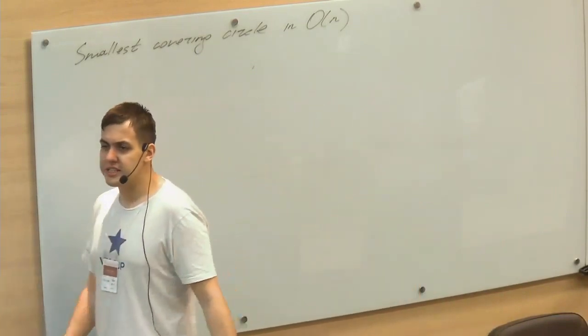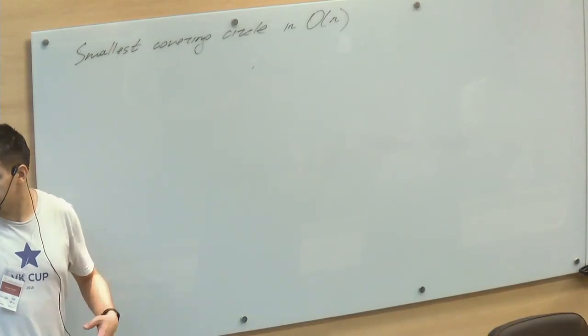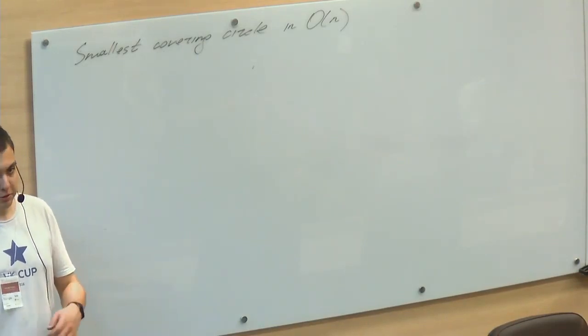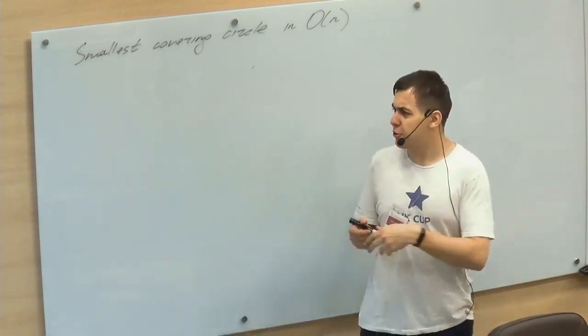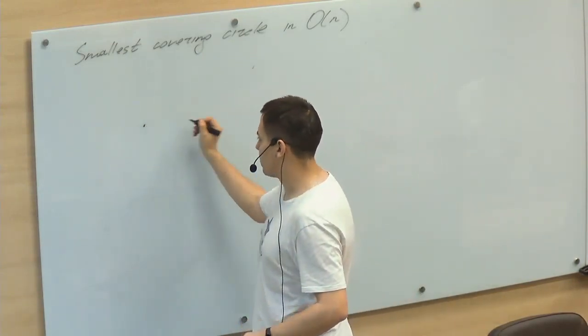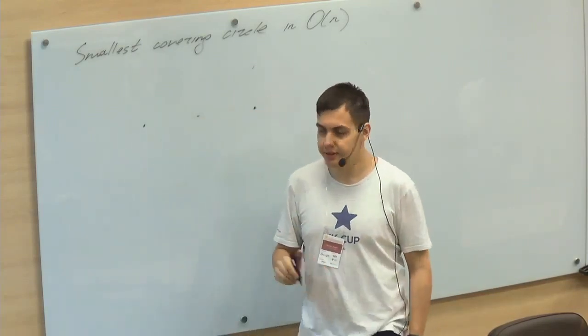Okay, well, there is an easy algorithm in N^4, right? So we try all possible triples of points, we try all possible pairs of points. Sometimes there is a situation where the smallest circle is based on just 2 points as a diameter.